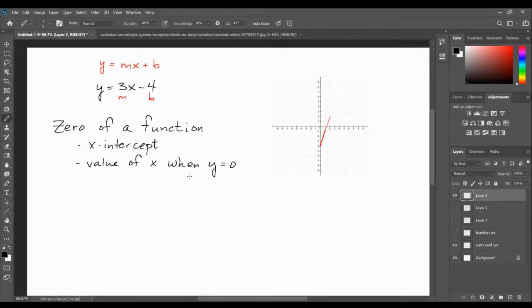A couple different ways we look at that is it's the value we can plug in to the equation once the whole equation equals 0, lots of different ways. So let's look at this second one when y equals 0, and we'll just take that equation down and we'll let y equal 0. And we'll solve for x. So I'll add 4 to both sides.